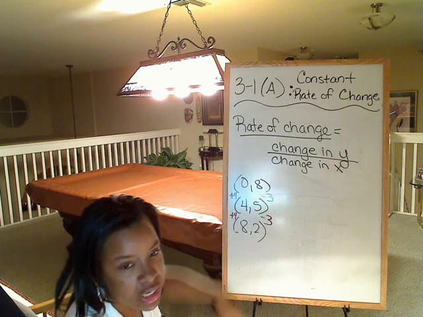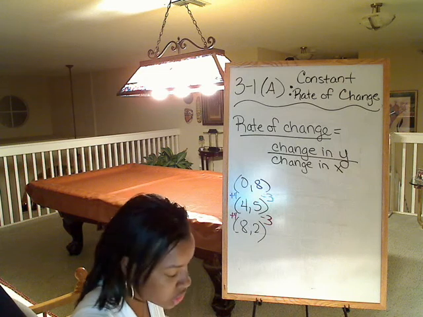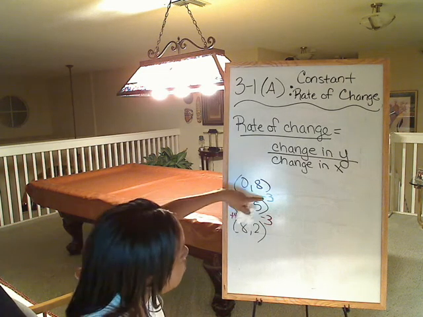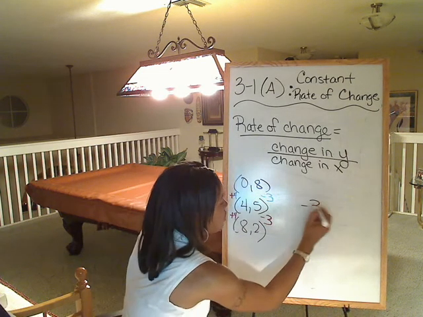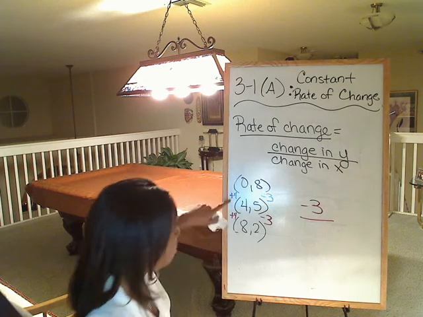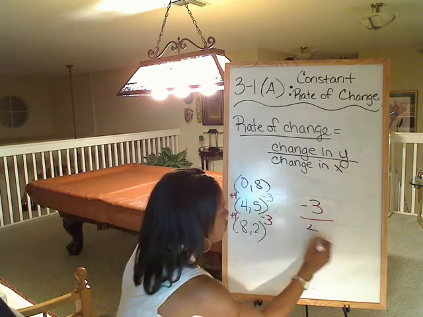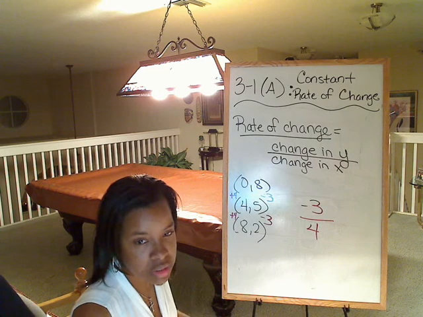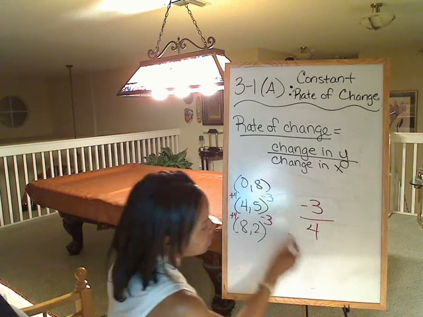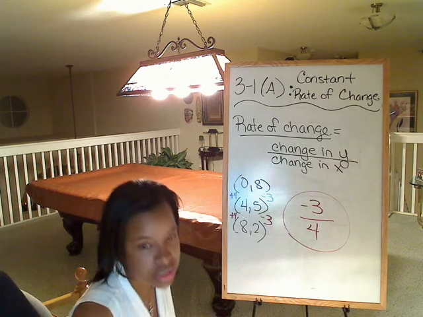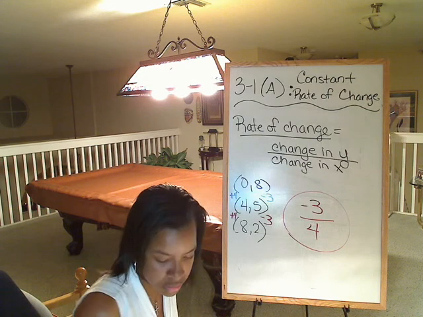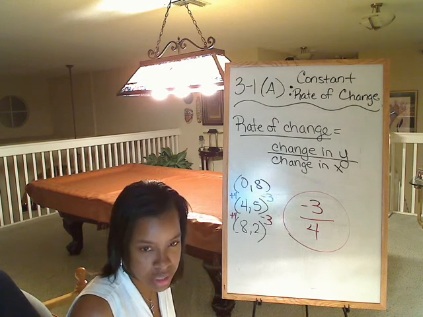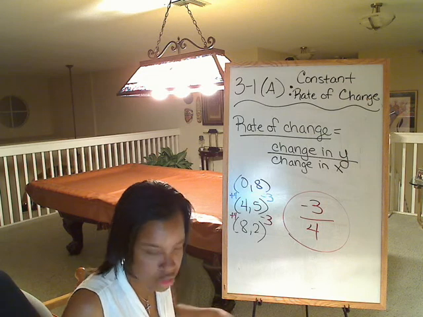So if the rate of change is the change in y's over the change in x's, the change in y would be minus 3. The change in x would be plus 4, and we don't write the plus, we just know that it's positive. So this is your final answer. The rate of change is negative 3 over 4. It's just that simple: the change in the y's over the change in the x's.